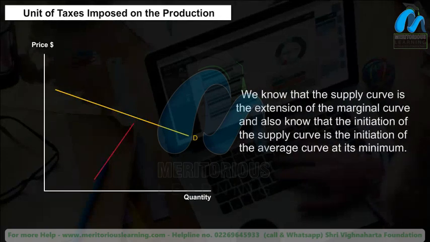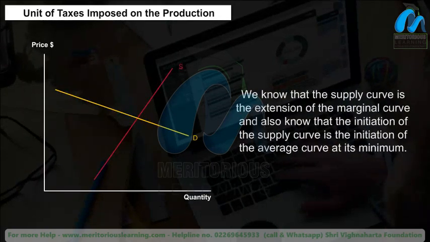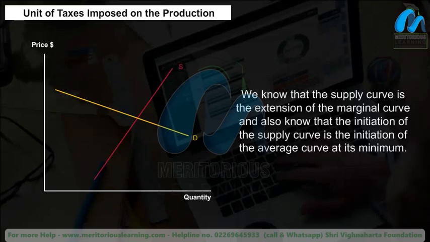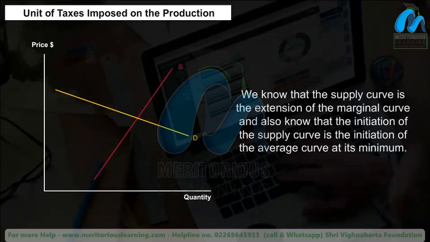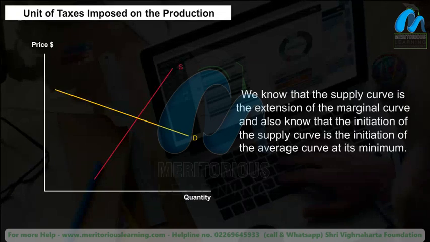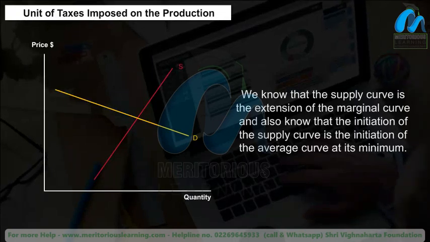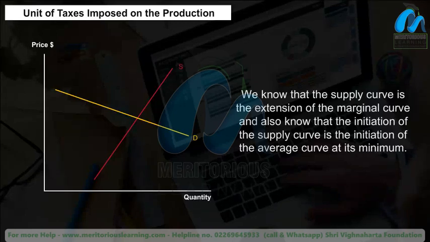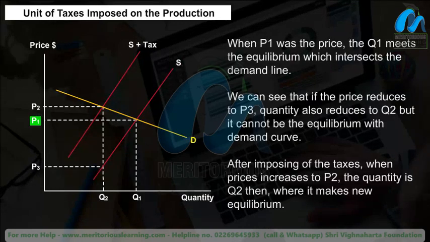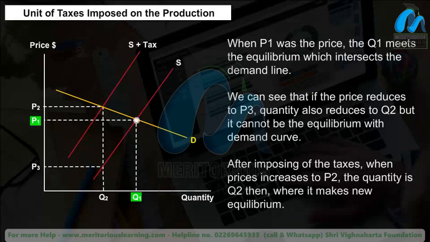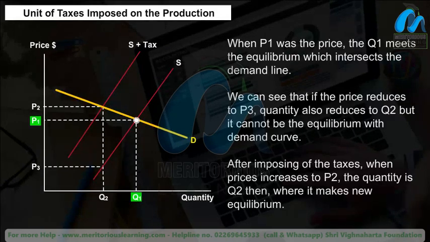We know that the supply curve is the extension of the marginal cost curve, and that the start of the supply curve is the minimum point of the average cost curve. When P1 was the price, Q1 was the equilibrium, which intersects the demand line.